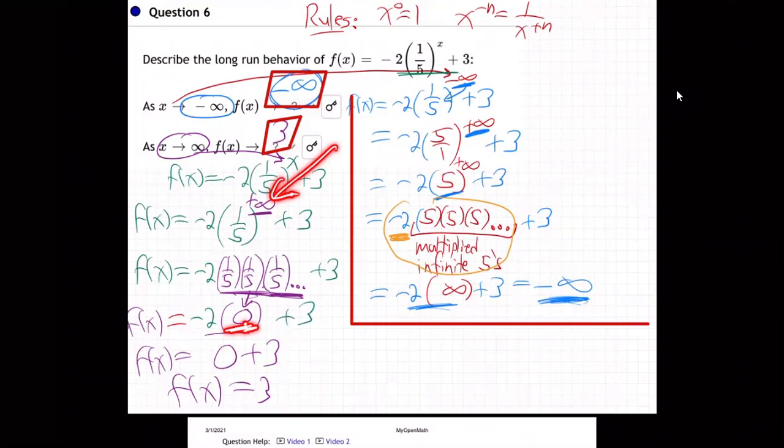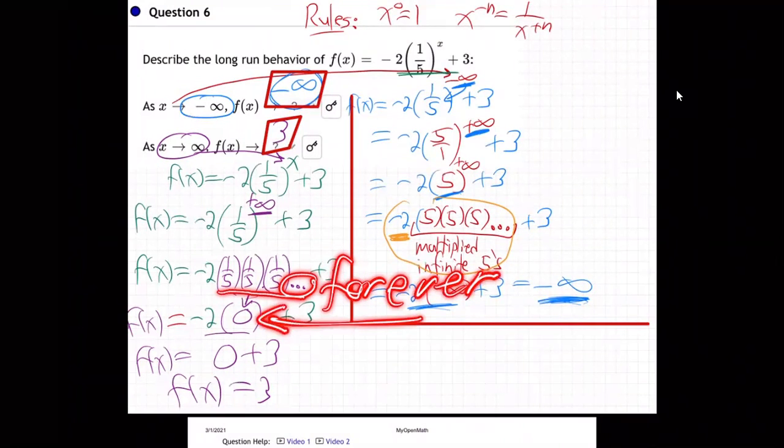This is where calculus goes. So the trick is it's not just 10 million times, it's forever. So if you take a smaller and smaller part, 1/5, 1/5, 1/5, forever, it will be 0. There'll be nothing left.